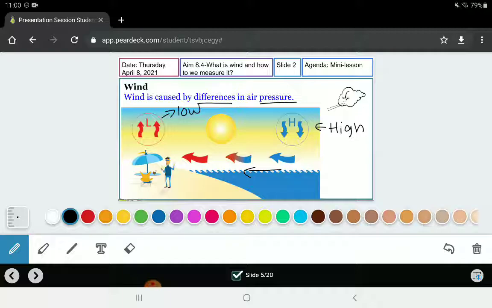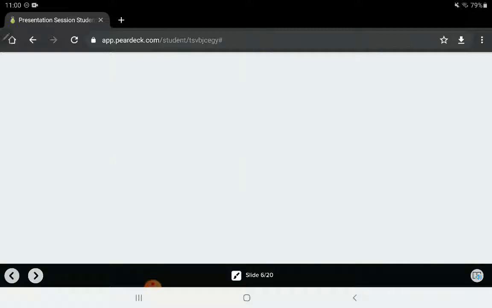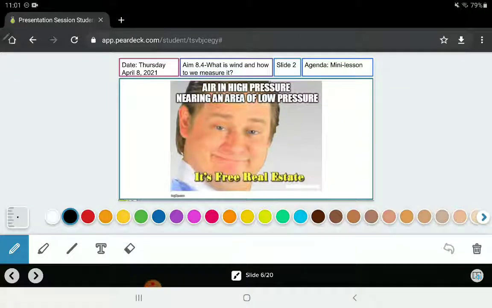And the reason that it actually does move, that air doesn't just get pushed down and down and down, is because this low air is actually rising. And because it is rising, it's creating open space. It creates free real estate.